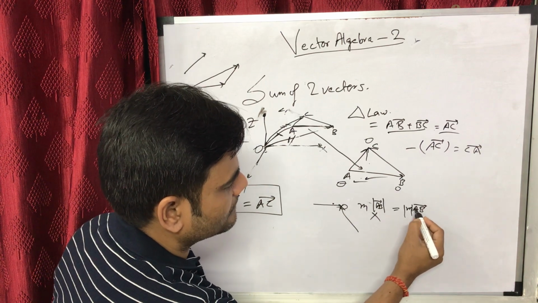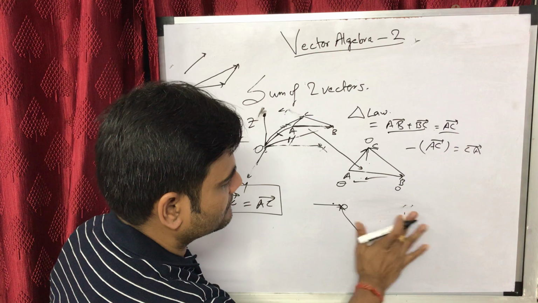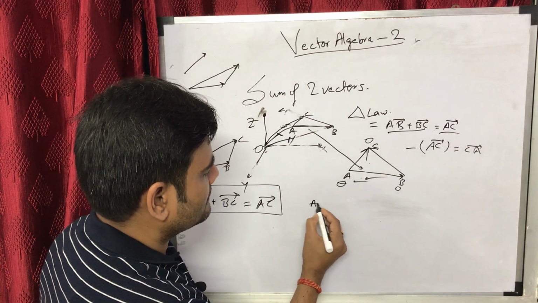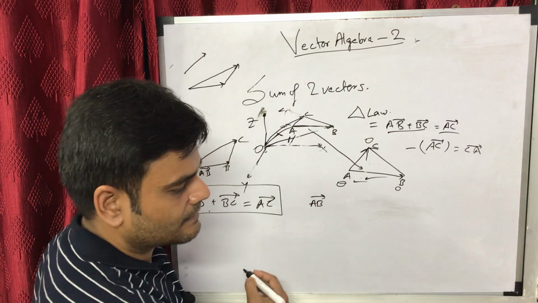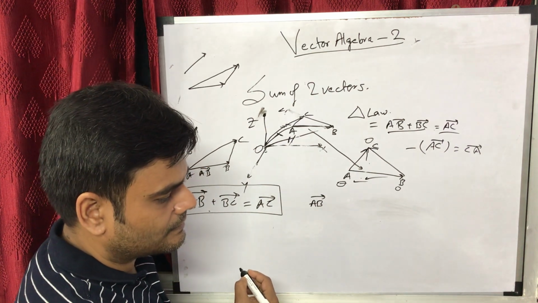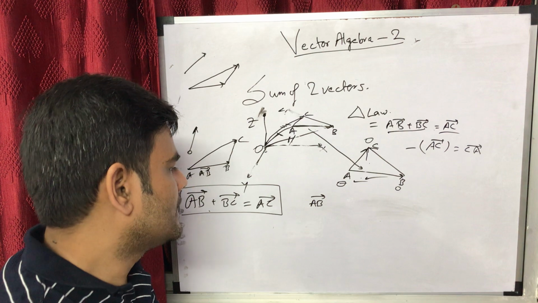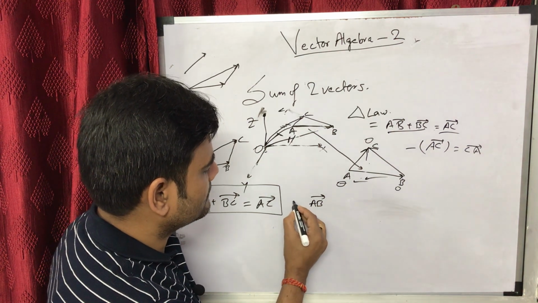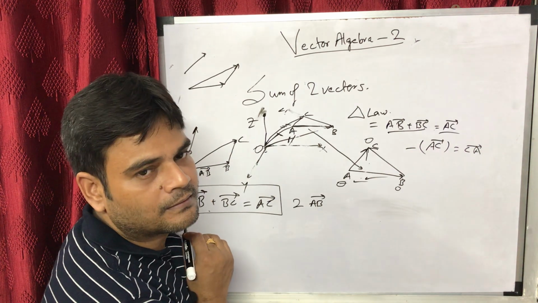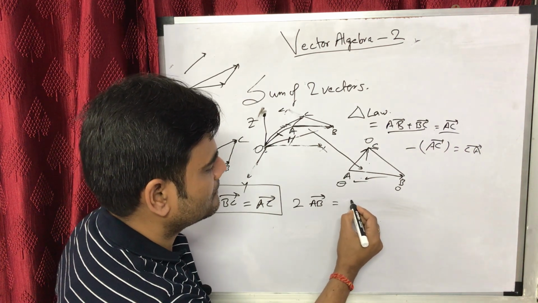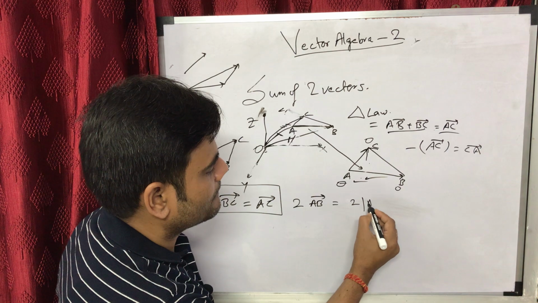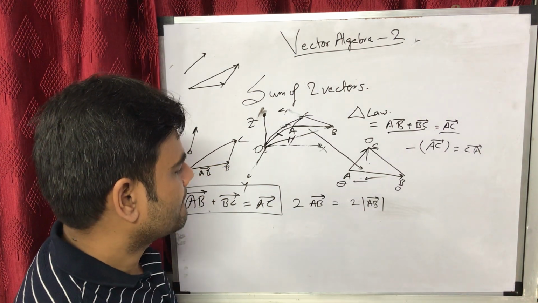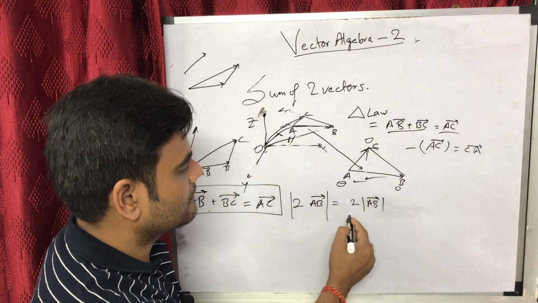If you multiply a scalar by this vector, if I say I applied 2 times the force, which is nothing but 2 into AB, the magnitude of this one will be twice.